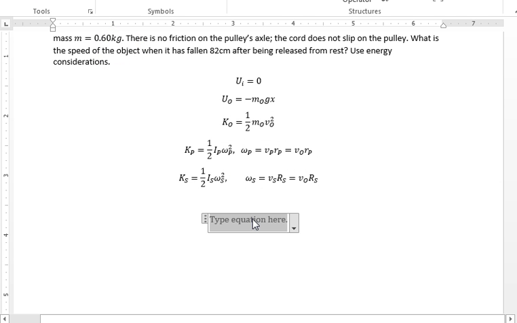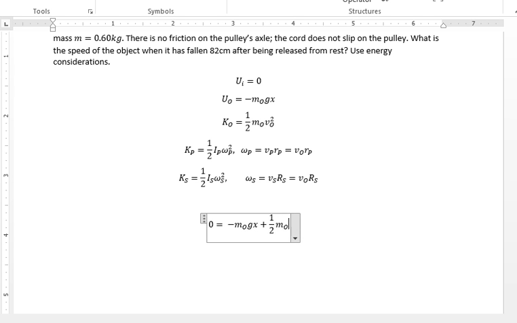And so we can write it as 0 equals minus mg, mass of the object times g times x, plus 1/2 mass of the object, velocity of the object squared, plus 1/2 moment of inertia of the pulley times the radius of the pulley squared times velocity of the object squared, plus 1/2 moment of inertia of the sphere times radius of the sphere squared times the velocity of the object squared.